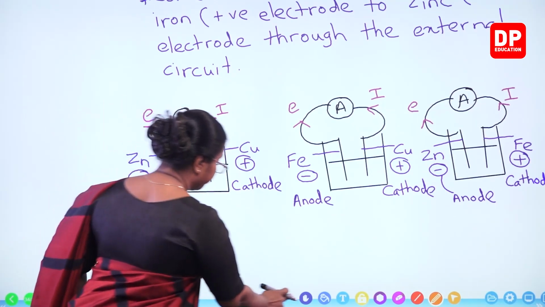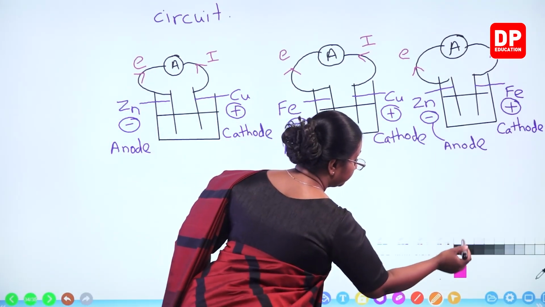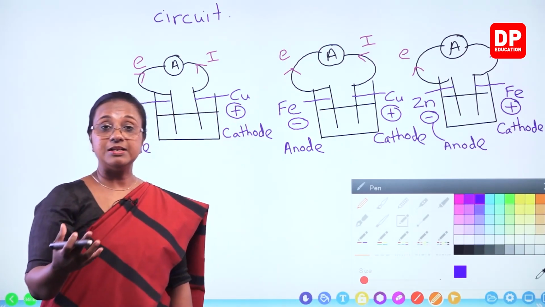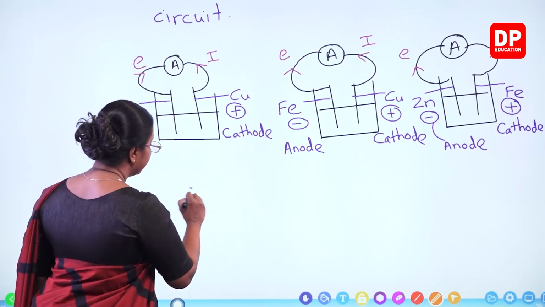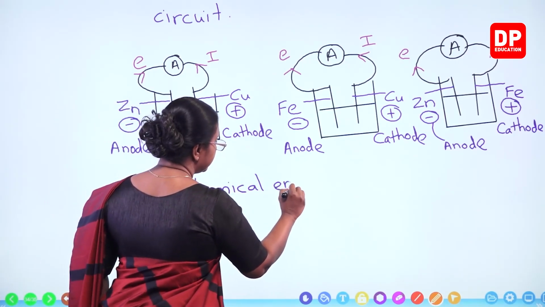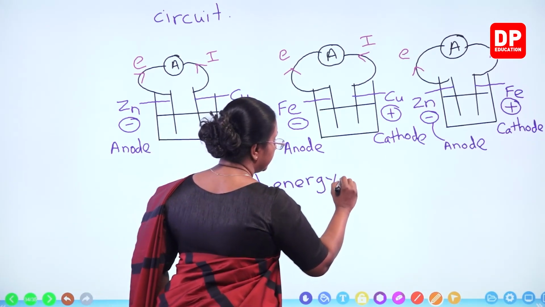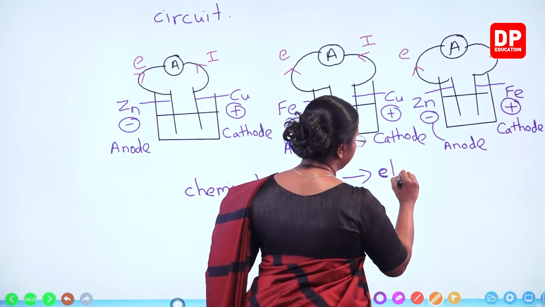And in this, you can understand, we said, by a chemical reaction, electricity is generated. That means chemical energy is converted to current, electric energy.